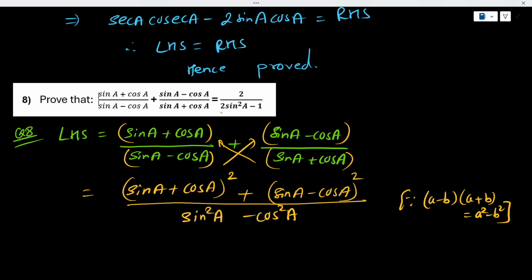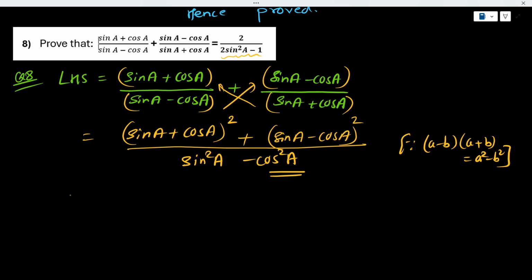Now look, your denominator does not have any cos term, so you can change your cos square theta as 1 minus sin square theta. First simplify the numerator. A plus b whole square will be a square plus b square plus 2ab. 2ab will be 2 sin theta cos theta, right?